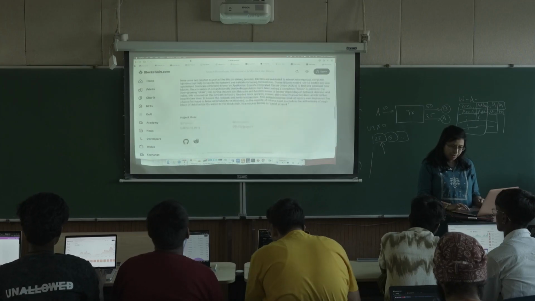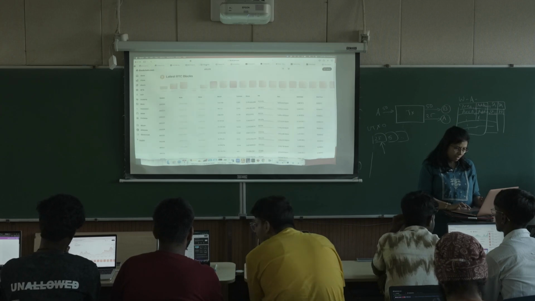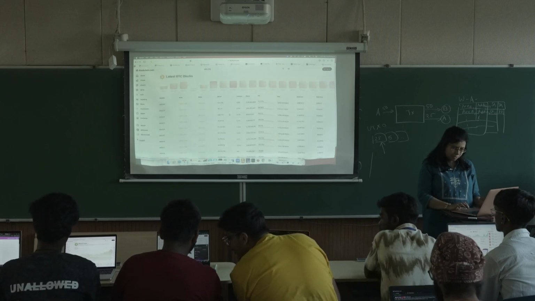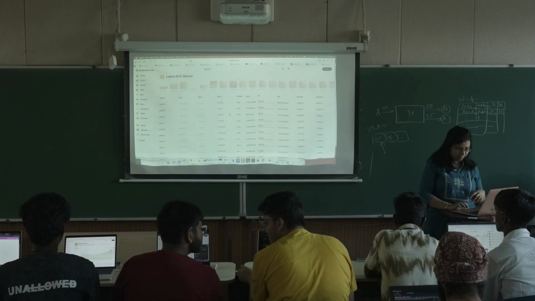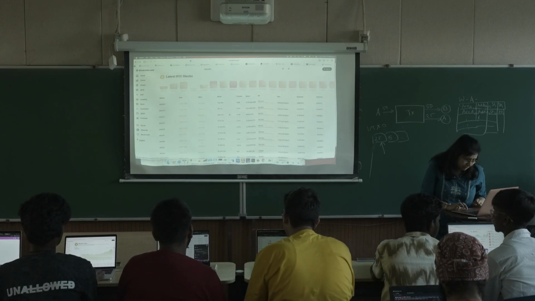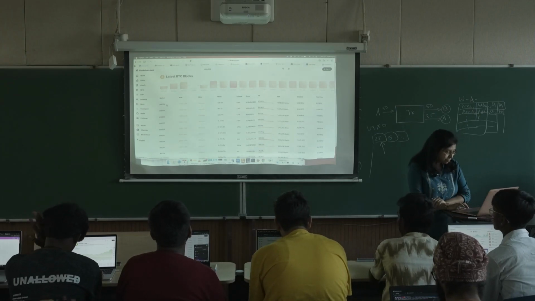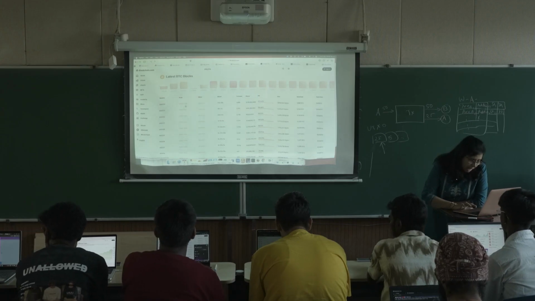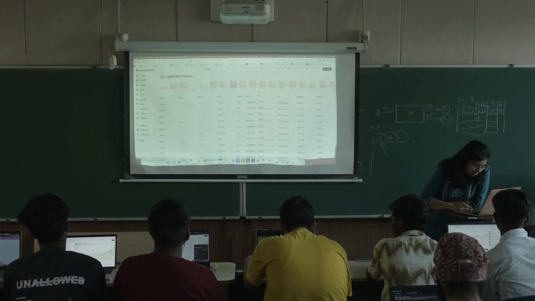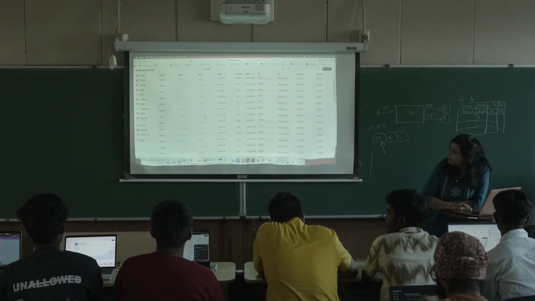So whenever you want to get some information about the blocks, say for example, this is a little bit earlier during the day when I was just checking things up. You would see that this is a block number. This is the hash of the block. You will see the miner who has mined this block.